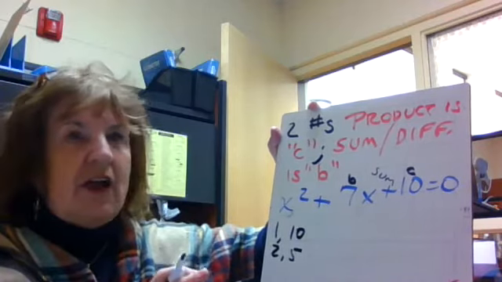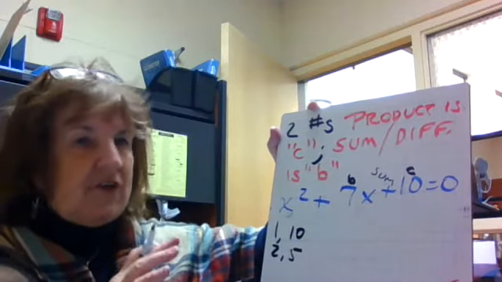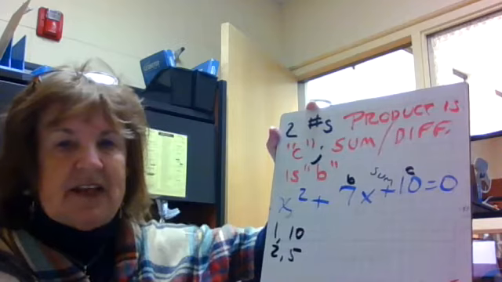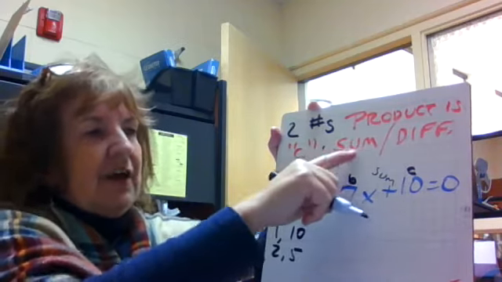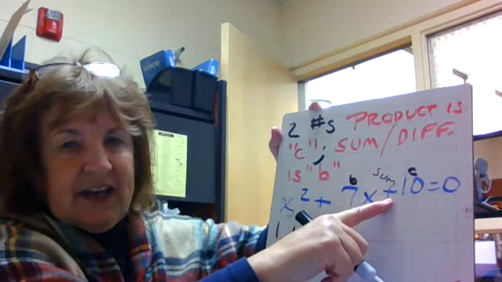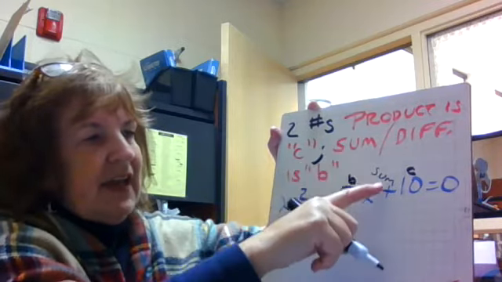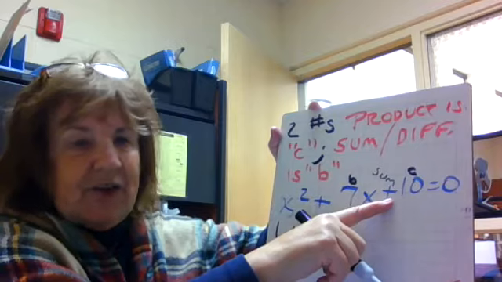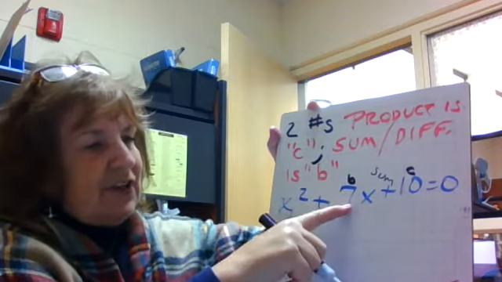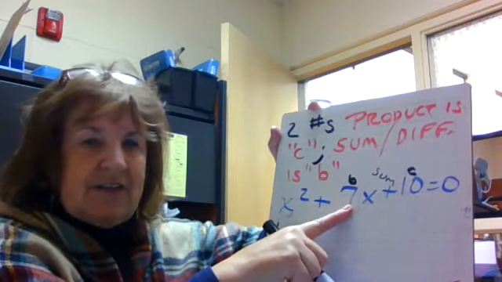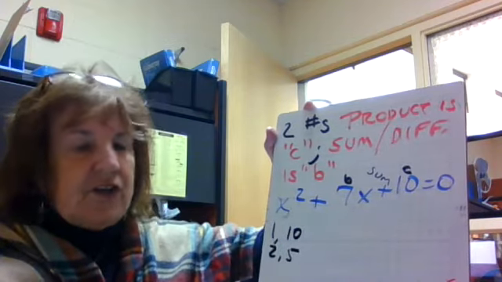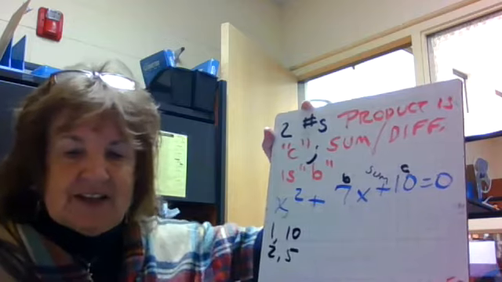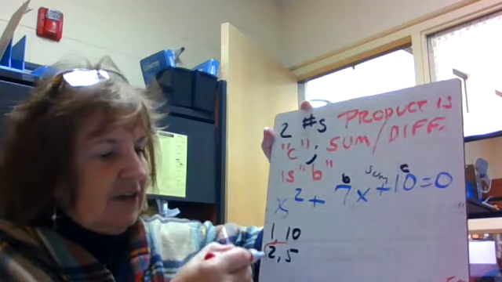We don't care whether it's positive 10 or negative 10. We just want it to be a 10. And then it's a sum because that's a plus sign. So the two numbers I pick have to add together to get 7. Out of these two choices, the two that add together to get 7 are these two.